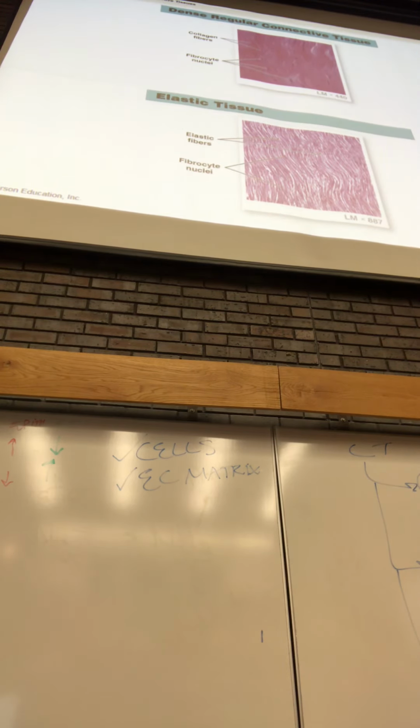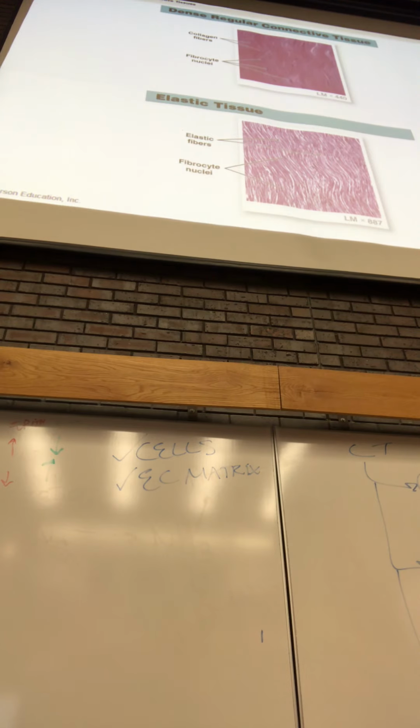I'm not going to ask you to recognize elastic tissue on the lab exam. It looks too much like other stuff. I'll say that again, but just remember, this dense regular connective tissue looks like Ariel's wig. Red, wavy. It's wavy. This is the only tissue that's wavy like that.